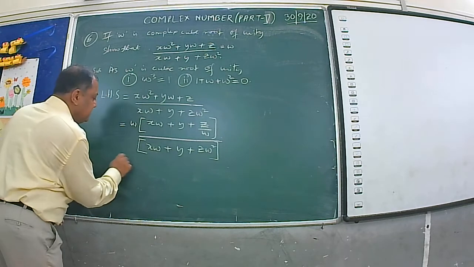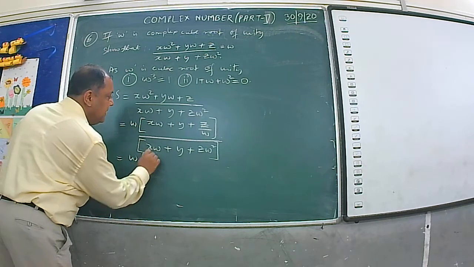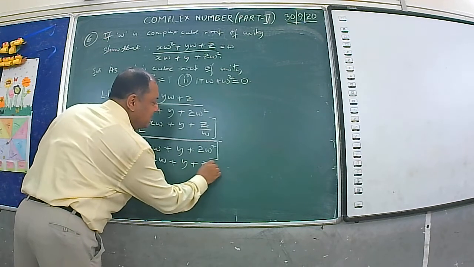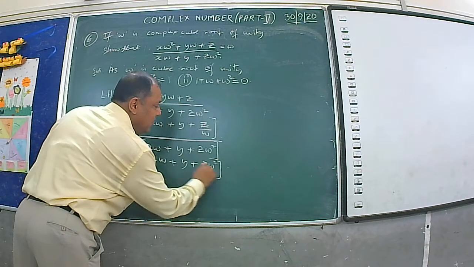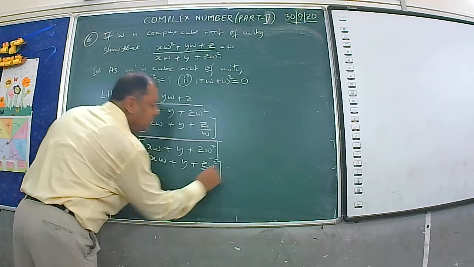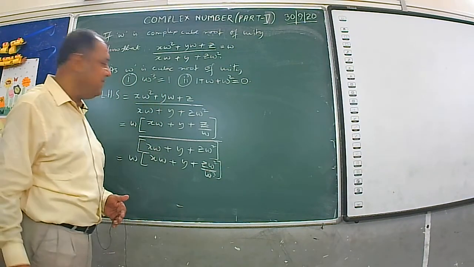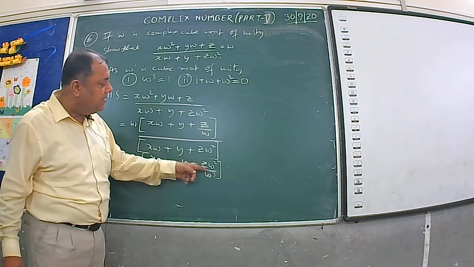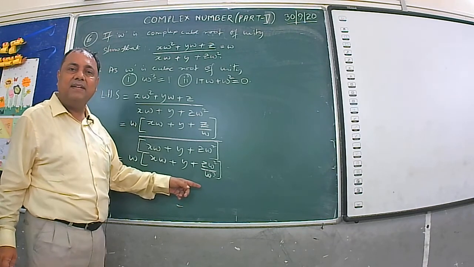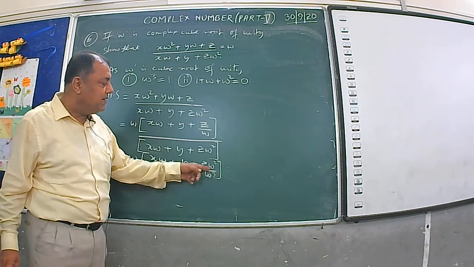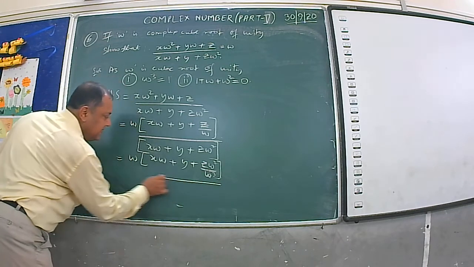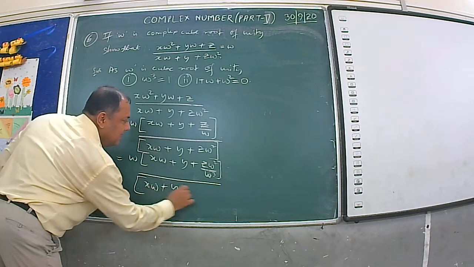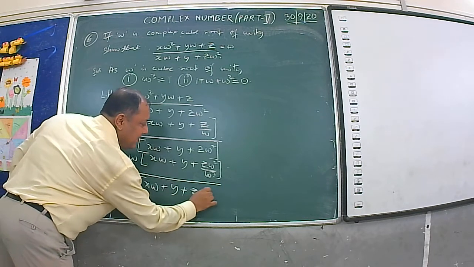Let us multiply omega square to the numerator and denominator. So this is z omega square, and the denominator is x omega plus y plus z omega square.